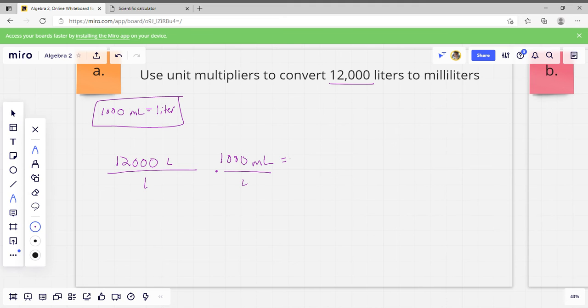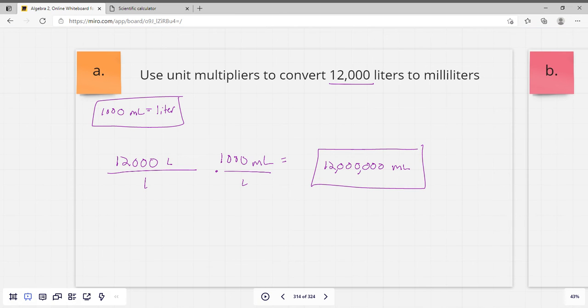So if I've got 12 with 3 zeros already, 1, 2, 3, then I'm going to add on 3 more. And I'm going to have that many milliliters. 12 million milliliters, and there's the answer to A.